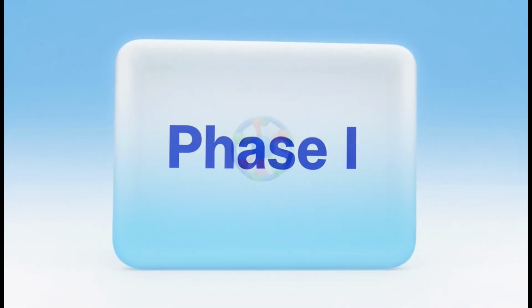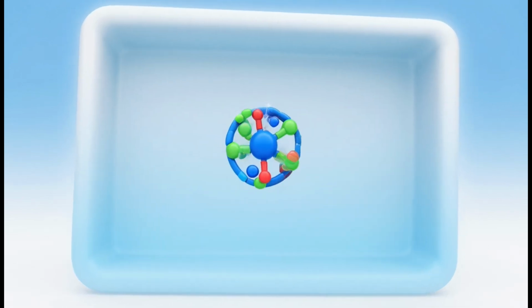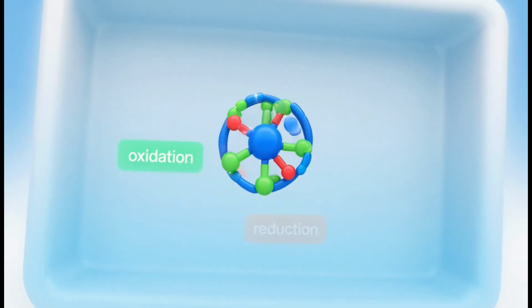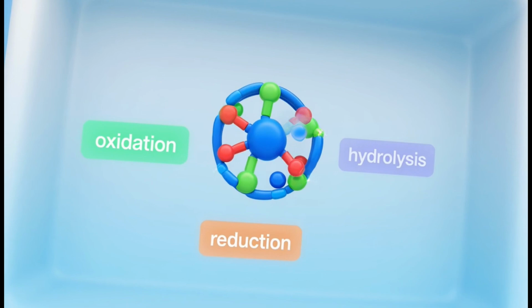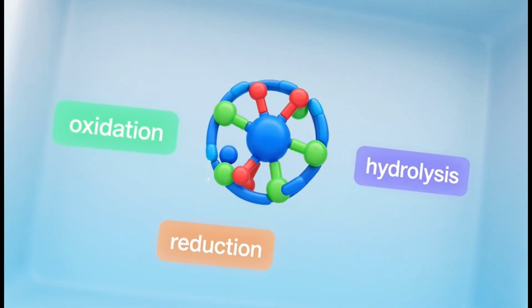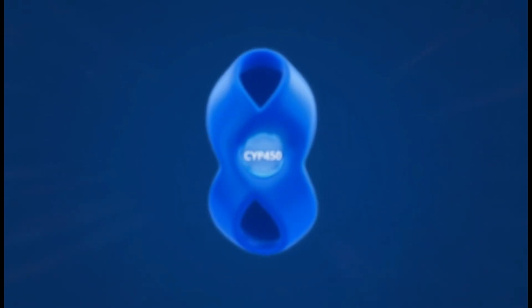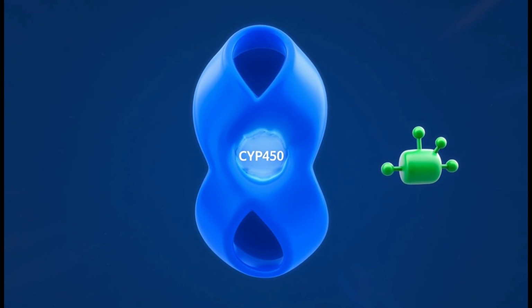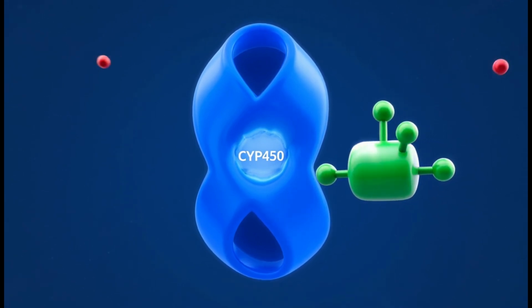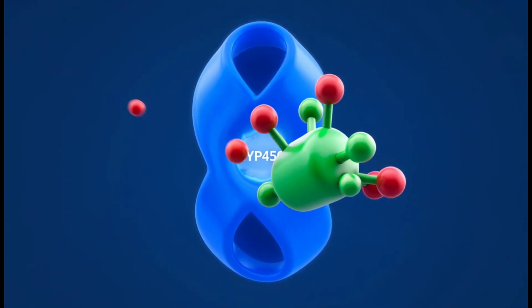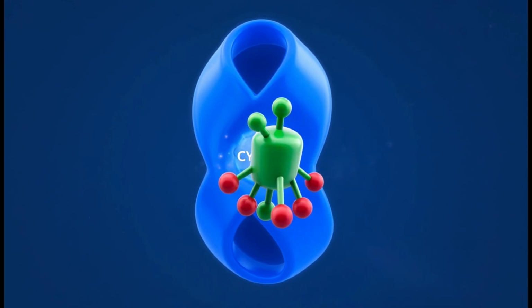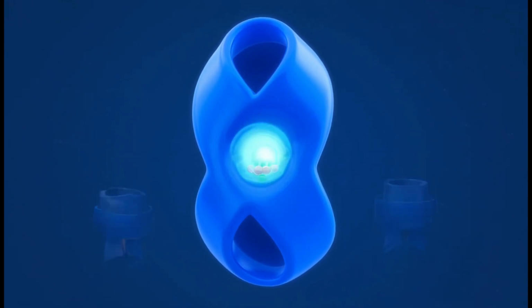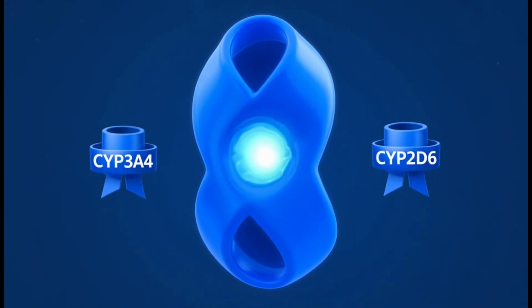So first is phase 1 metabolism, and phase 1 simply means the drug structure gets modified, usually through oxidation, reduction, or hydrolysis. And the most common of these by far is oxidation, which is carried out mainly by your CYP450 enzymes, so things like CYP3A4 and CYP2D6, these are the big players you'll hear about constantly.